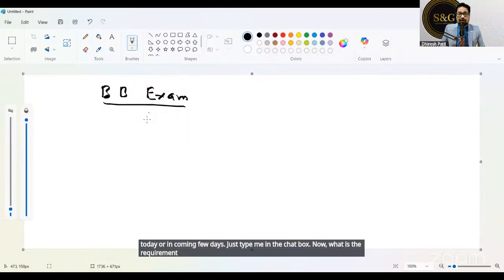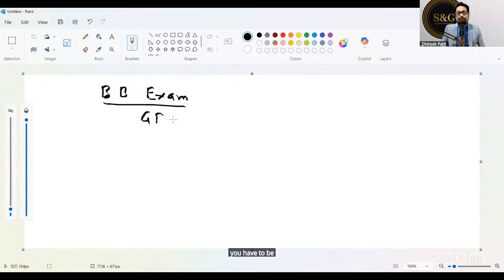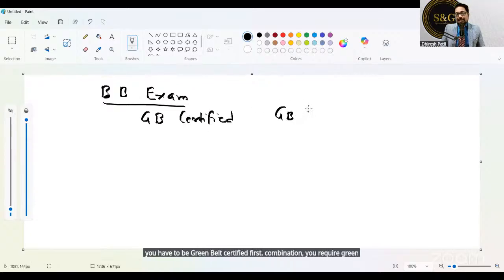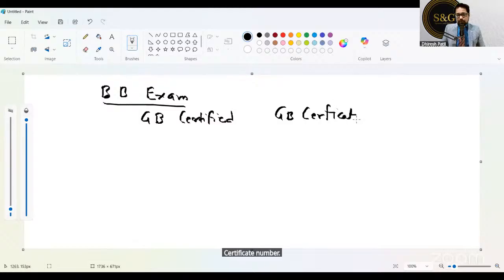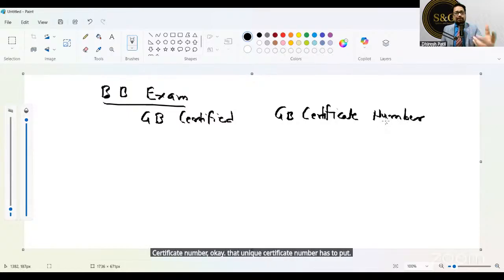Now what is the requirement? First requirement is you have to be green belt certified. You require your green belt certificate number, otherwise that form will not be submitted. That unique certificate number has to be entered, then only it will get submitted.